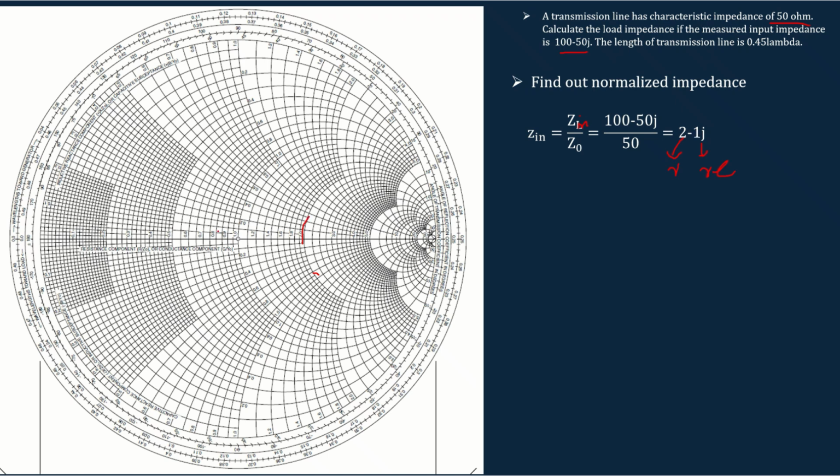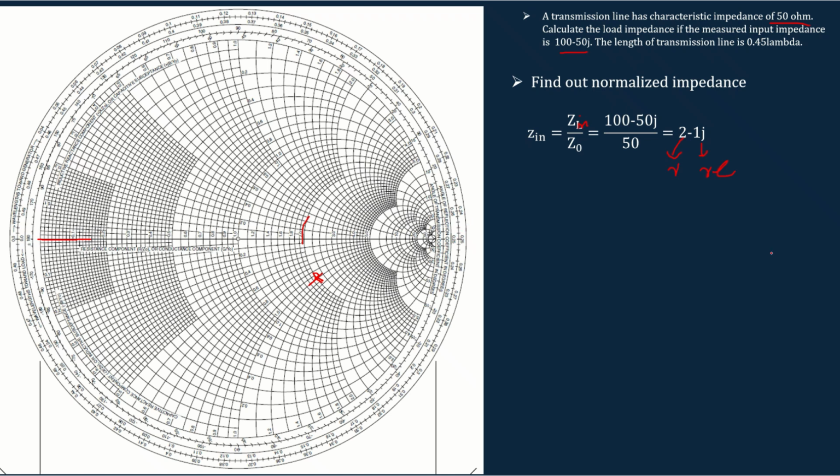Minus means it is below this line. So here I have to find 1, and I can see this is the 1 corresponding to that. If I extend this one and the resistance circle, this is my point corresponding to 2 minus 1j. That is my input impedance.